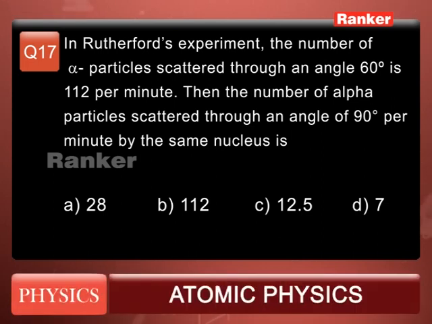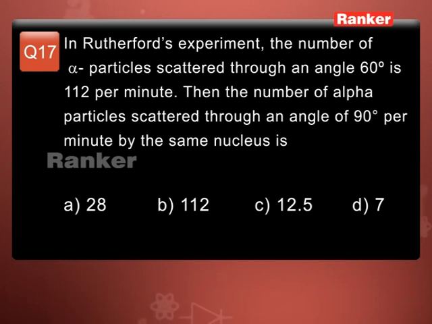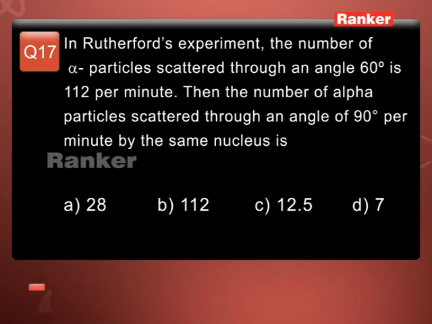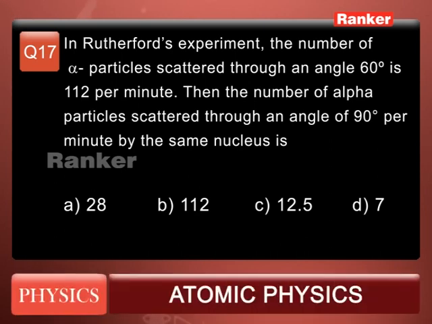Number of alpha particles scattered at 60 degrees is given as 112. At 90 degrees, how much is the number? Options are given this way: first option 28, second option 112, third option 12.5 and fourth option simply 7. Which is the correct option we have to look into.